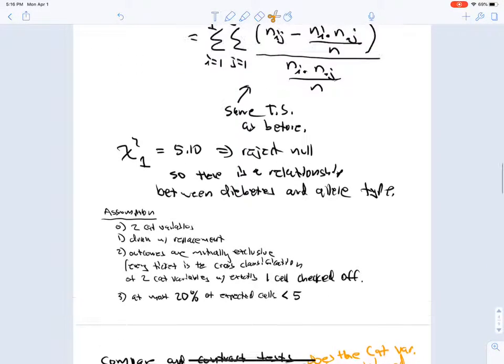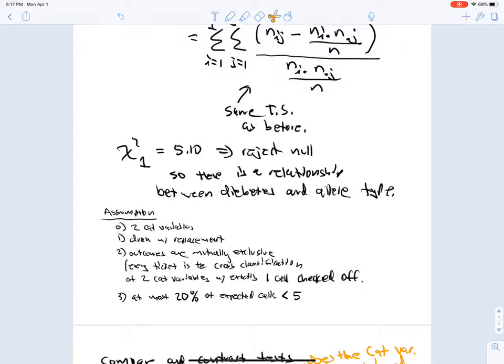The assumptions here for test of independence: we have two categorical variables. We're drawing with replacement. The outcomes are mutually exclusive. In other words, when we take a draw, we get exactly one cell checked off.